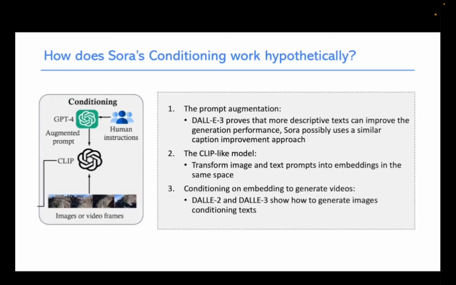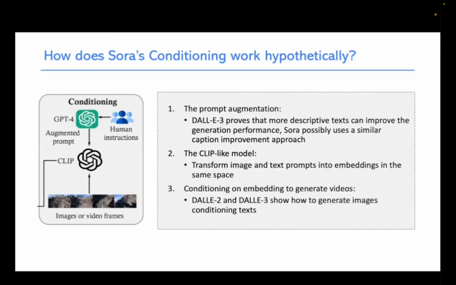And if that's the case, they still need to build a captioner to generate the captions. And actually, there are some other kinds of architecture that can possibly help you to do that, like a video version of COCA or something like that. So we are not so sure which exact algorithm they use, but the idea is similar.